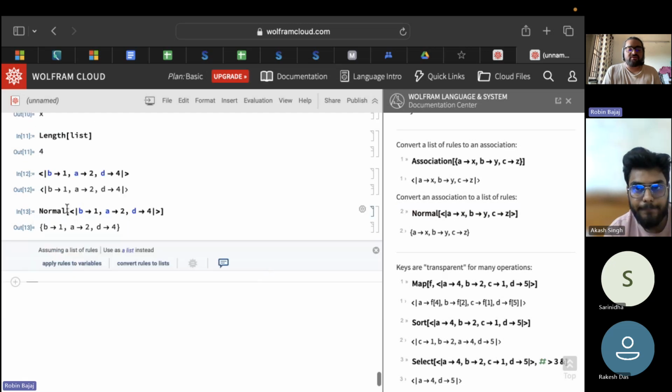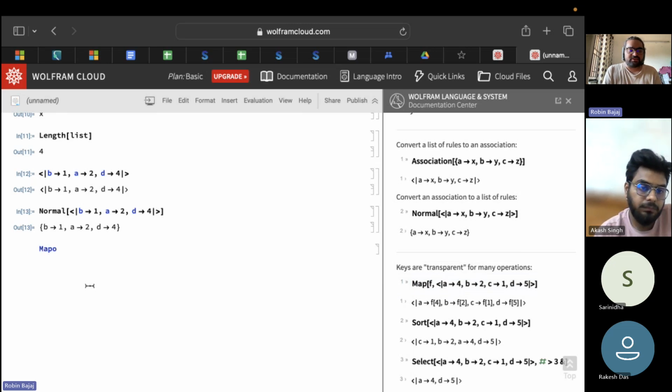Now you can apply Map on the association as well. What is Map? It is equivalent to applying a function. So basically, you have to apply some sort of function to this. For example, if I define Map onto this kind of association, let's say the function is F. What will happen?